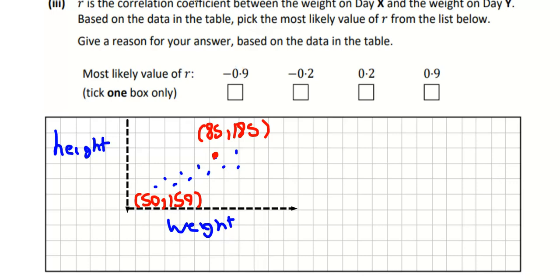So what we're saying is there's a positive correlation because as you get taller, you get heavier. And there's a strong correlation. It's positive because it's going uphill, isn't it? And because all the points are really close to the line, we say it's a strong correlation. Does that make sense?